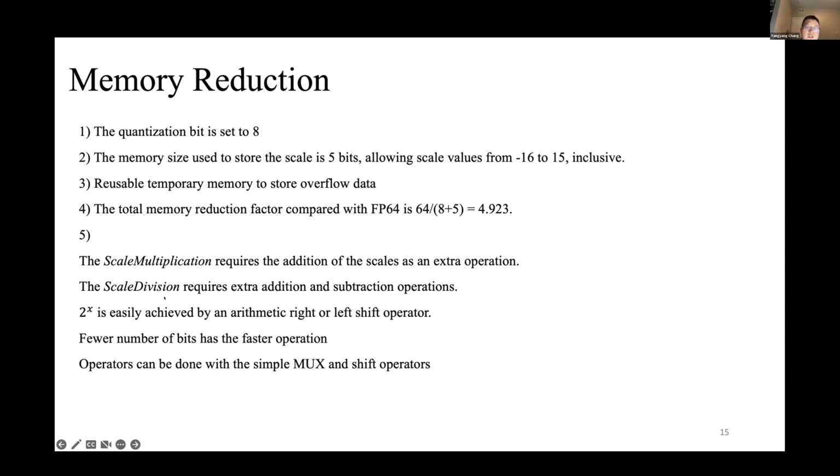And for scale division, we require the scale addition and subtraction operations. And for 2 to the x, scale addition or multiplication, we can directly utilize the hardware shift operator. All of this can be done with the simple multiplexer and the shift operators. So it's very hardware friendly.